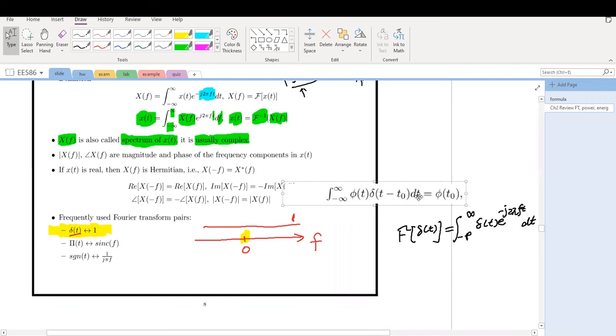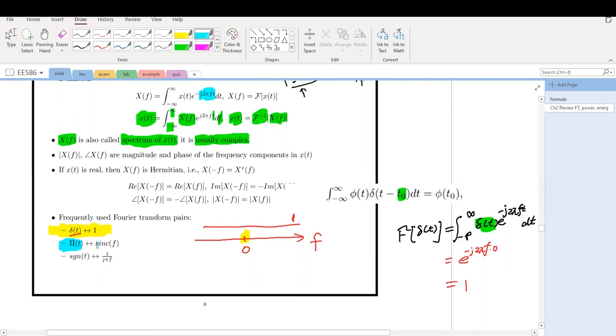If we look at this, our case is a special case when t naught equals 0. So using this property, we're going to have e to the power minus j 2 pi f multiplied by 0. What does that equal? That equals 1.